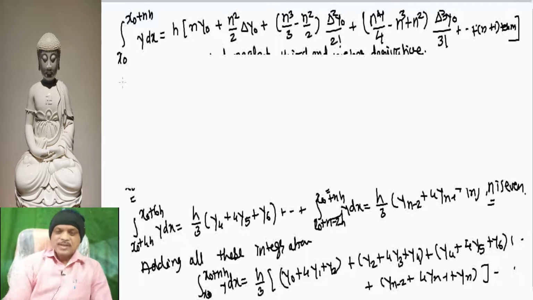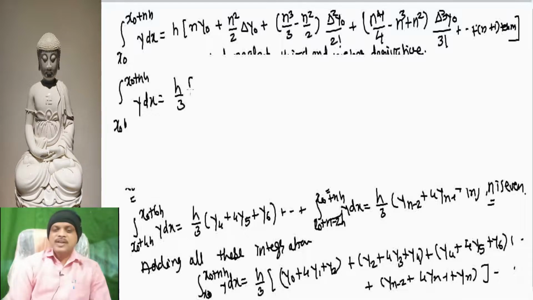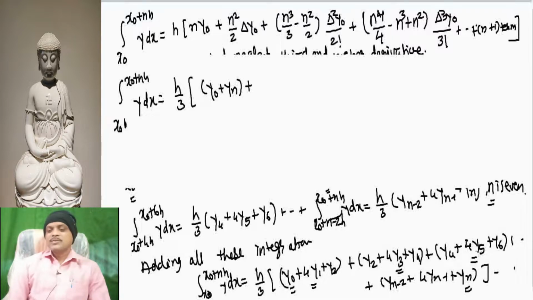Then the integral from x0 to x0 plus nh of y dx equals h by 3 into [...]. Here y0 and yn are single terms, therefore we write y0 plus yn first. Now 4y1, 4y3, 4y5, that means all odd terms are 4 times.